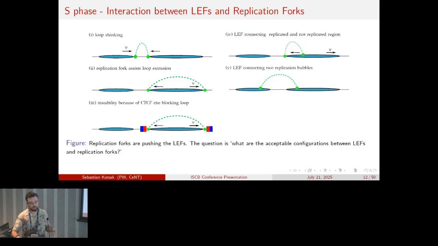This helps us to have two time scales: replication is almost frozen if we compare the time with loop extrusion. The S phase lasts for a much longer time.